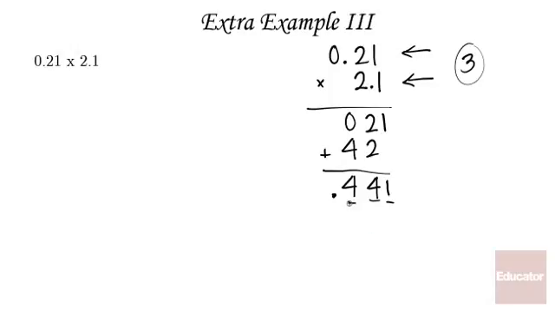So it's going to be 0.441, and you can read this as 441 thousandths, because I have 3 numbers and this is the thousandths place. Okay, so this is my answer when I multiply 0.21 times 2.1.